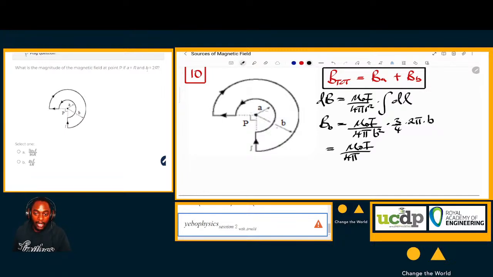But remember, B was given as 2r. So if you substitute there 2r, that will be 2r all squared multiplied by 3/4 2 pi times 2r.